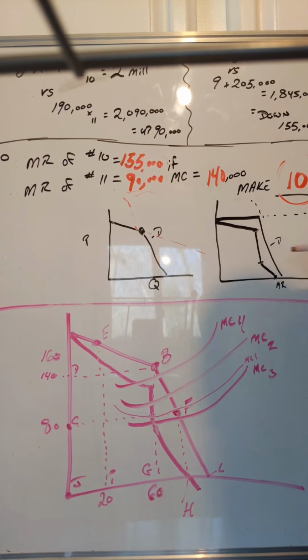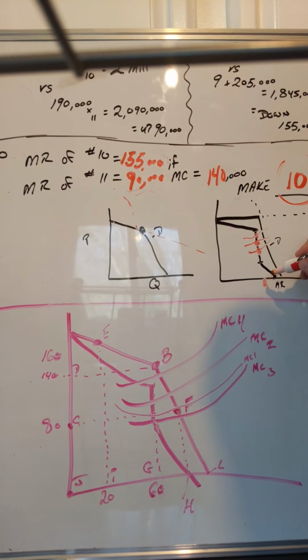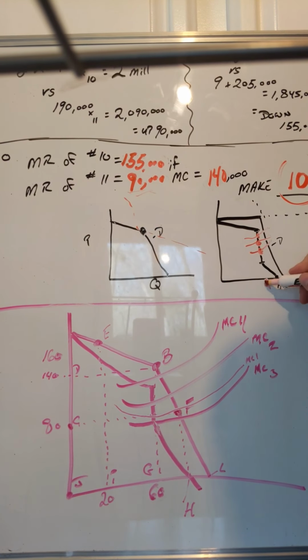That means a change in your marginal cost curve in any of these areas, and your magic spot still matches up to the same quantity. Whether your marginal cost is here or here or here, your magic spot is still whatever that quantity is.